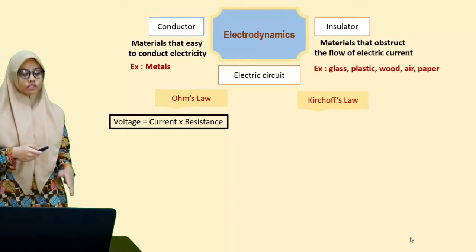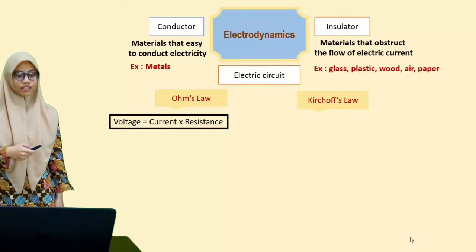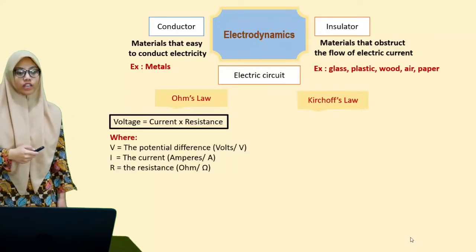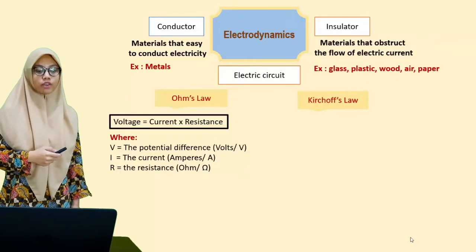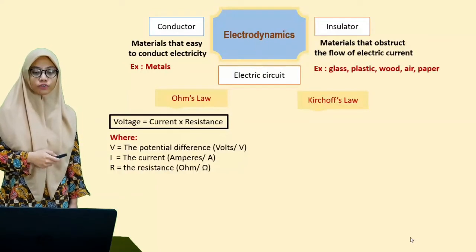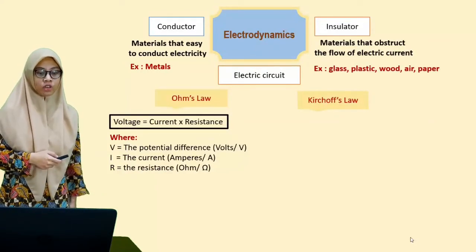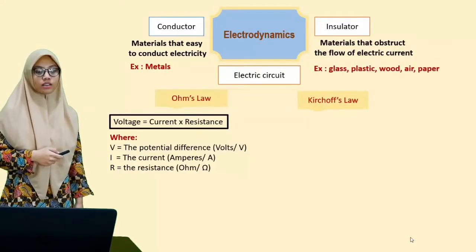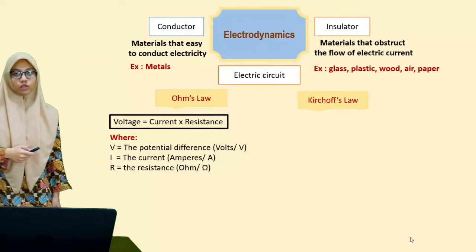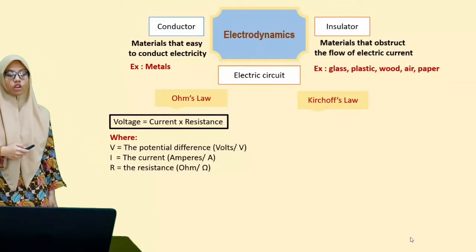Voltage equals current cross resistance, where voltage is symbolized by V, meaning the potential difference, with unit volts or V, and I is the current with unit amperes or A, and R is the resistance with unit ohm.